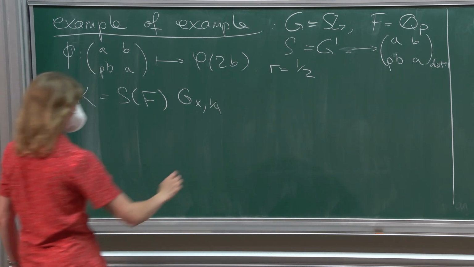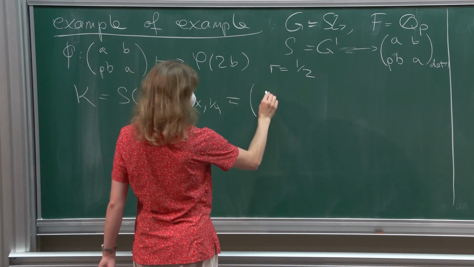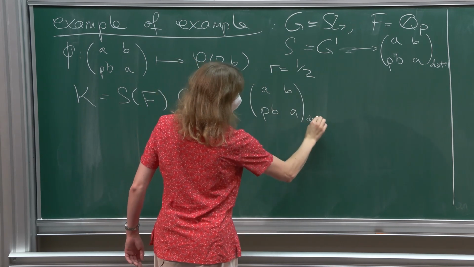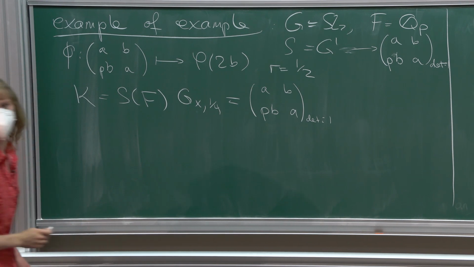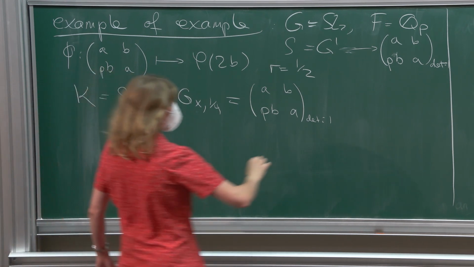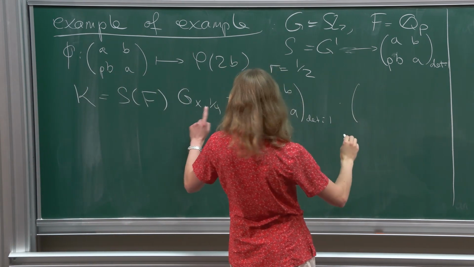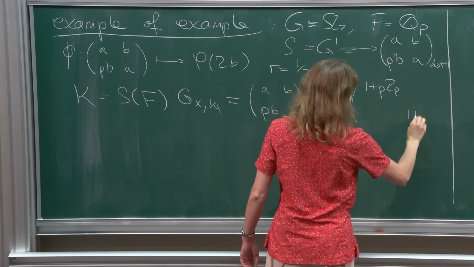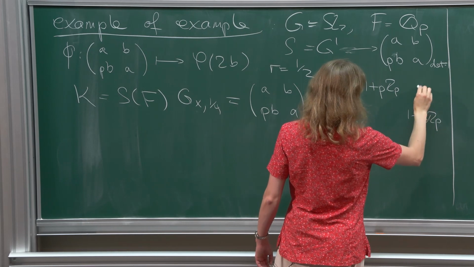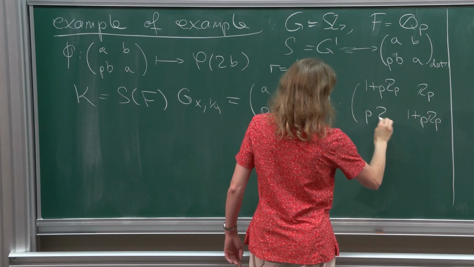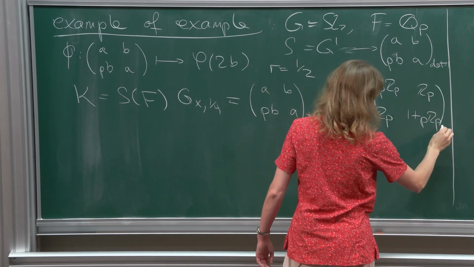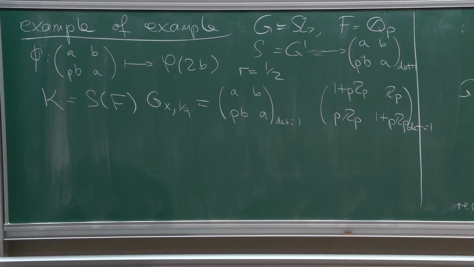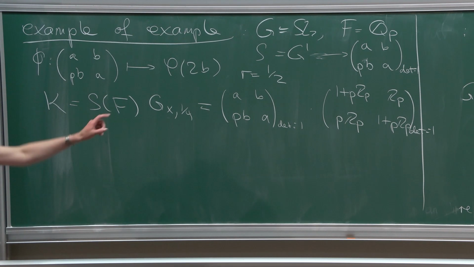If you have done your exercise, you'll see this is just matrices of this shape, with determinant 1 (I will stop writing determinant equals 1; you can do that yourself), times this 1/4 filtration subgroup, which looks like matrices of that shape: 1 + pZ_p on the diagonal, Z_p in the upper right corner, pZ_p in the lower left corner, and determinant 1. So that's how these two groups look.